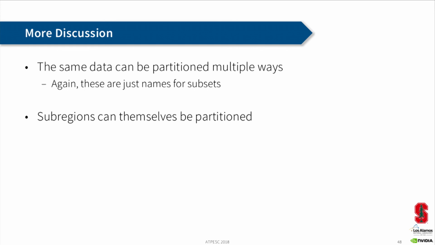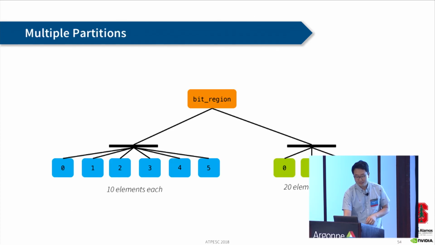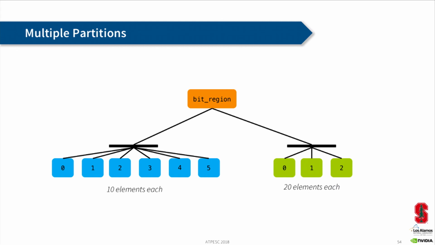So you could have multiple partitions like this, right? So you have a big region and you have 2 partitions, where the first partition partitions the region into 6 pieces, and the second partition into 3 pieces. And the interesting thing is that anything you do on the first partition will also happen in the second partition.